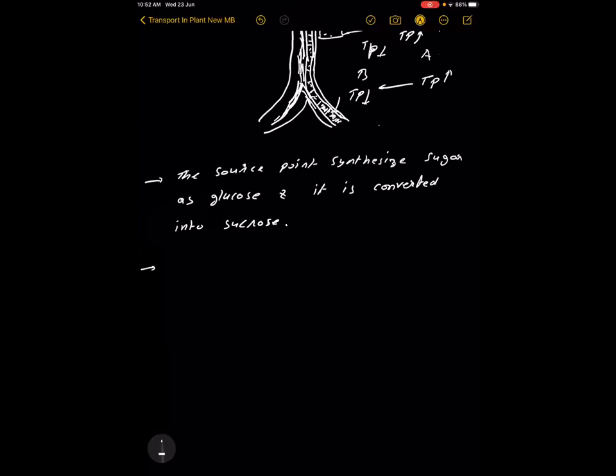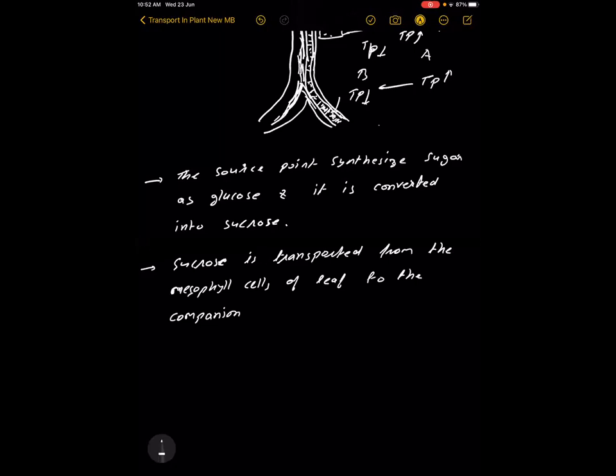Now sucrose is transported from the mesophyll cells of the leaf to the companion cells of the plant.